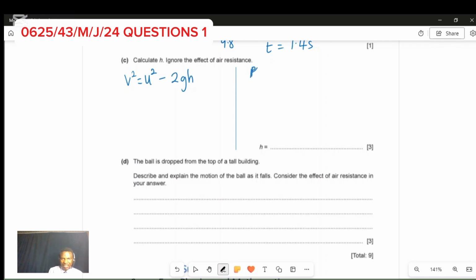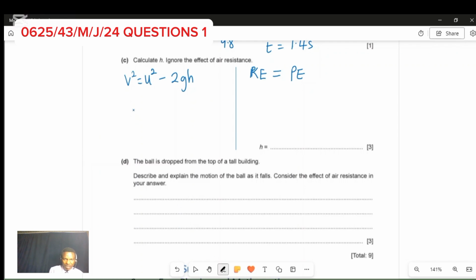The kinetic energy of the ball when it was thrown is equal to the potential energy of the ball at the maximum height. So let's use the first one first.